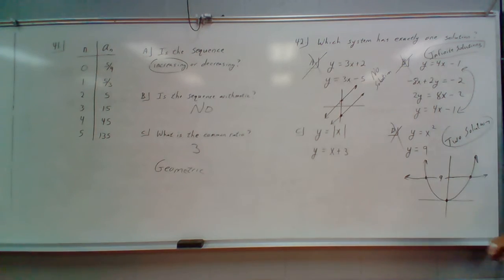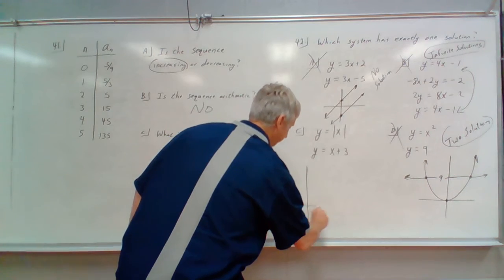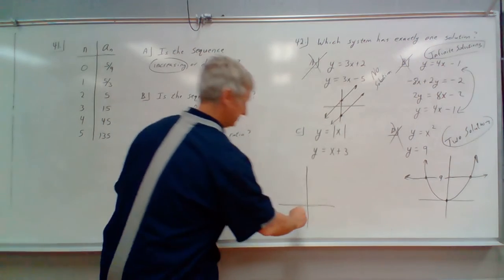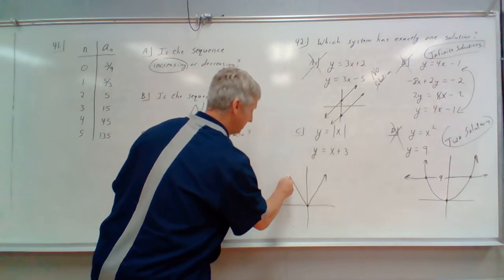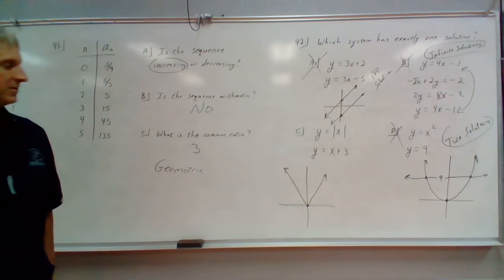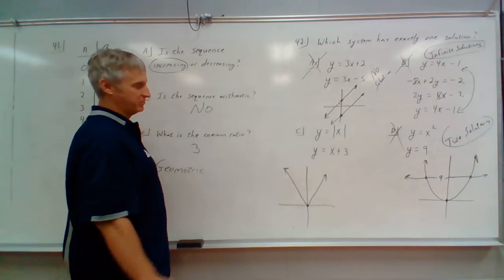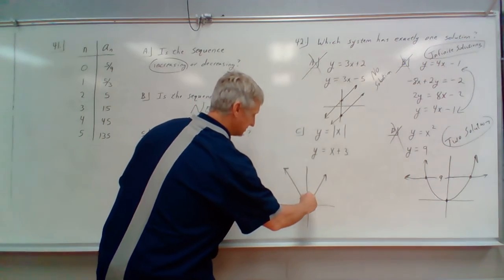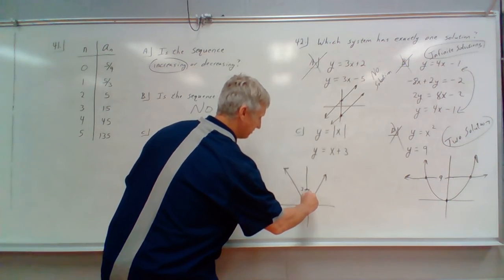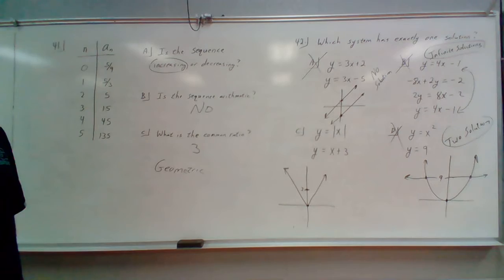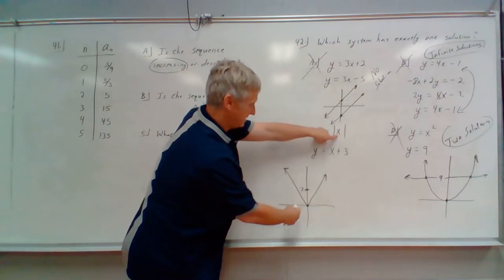So it looks like it's going to be C. Let's think about it. If I were to graph the absolute value of x, you guys remember graphing that. Makes this V shape. Looks just like that. And I also have the line x plus 3. So that's here. All right. And the slope is 1, which is the exact same slope as this.